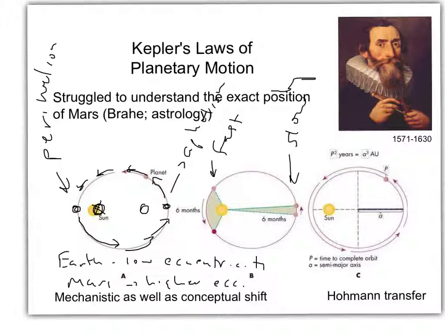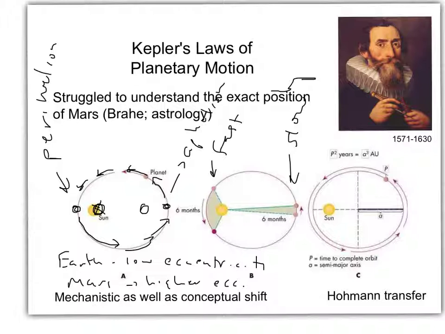If you take what's known as the semi-major axis of the ellipse, so essentially the maximum distance from this imaginary center of the ellipse. In the case of Earth, that would be 1 astronomical unit. In the case of Mars, it would be somewhere around 1.5 astronomical units.